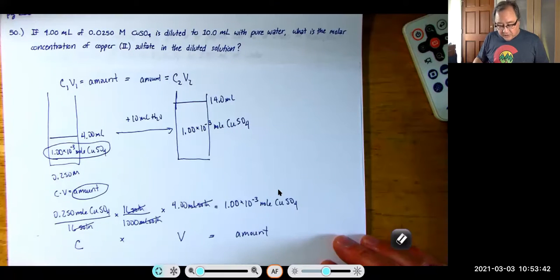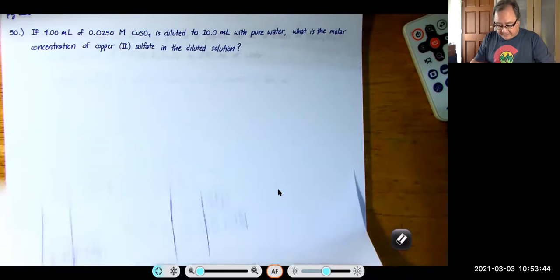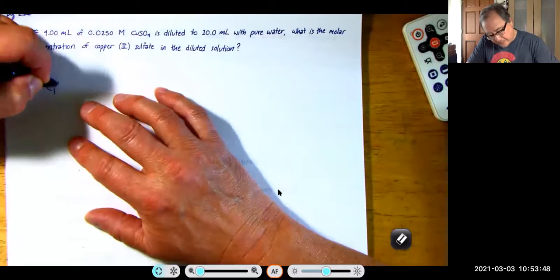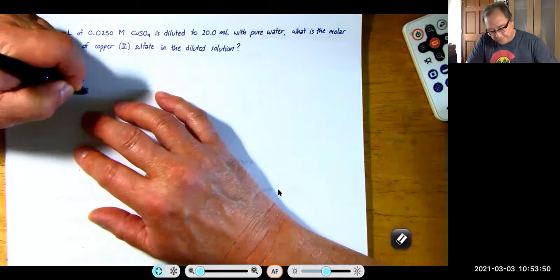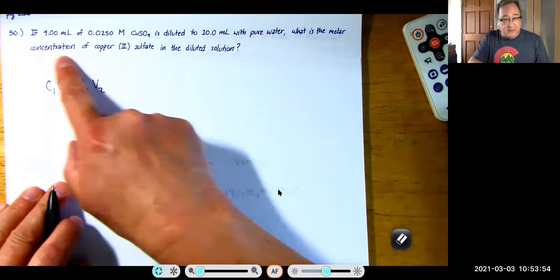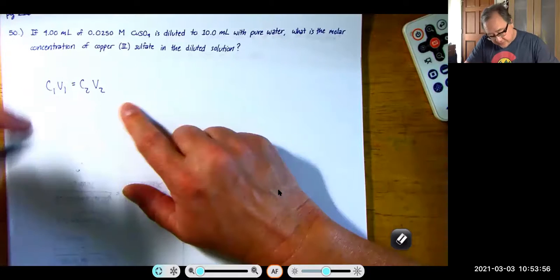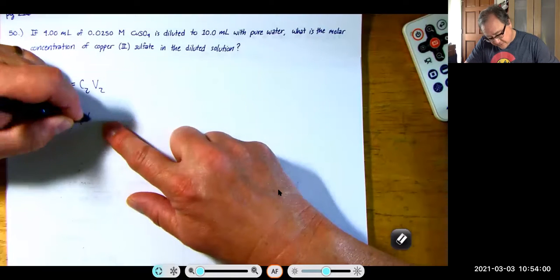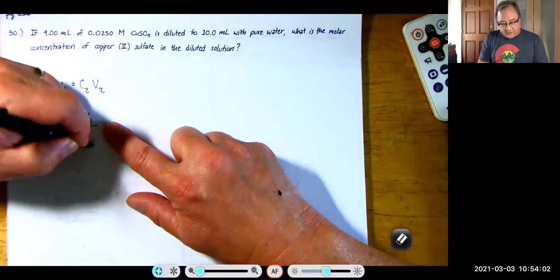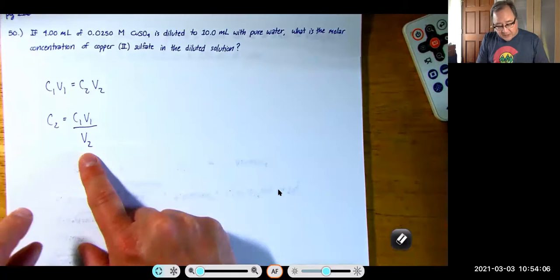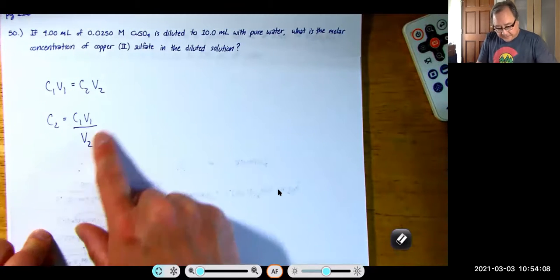So what's really nice about this formula is the following. Here, we're solving for the molar concentration of copper 2 sulfate, so that's C2. So there's the formula for C2 on one side of the equation and everything else on the other.